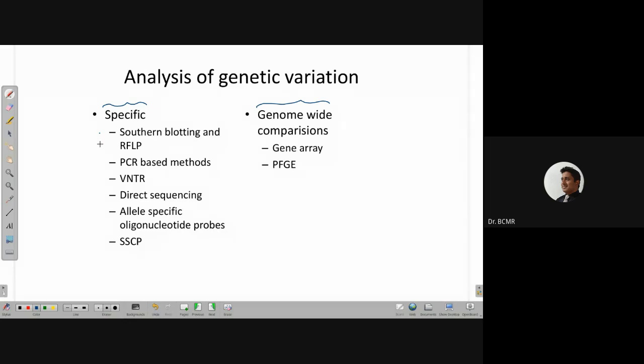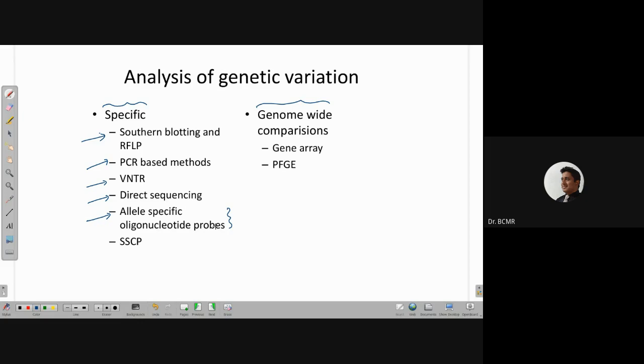Some of the techniques are Southern blotting and RFLP, PCR-based methods, VNTR, direct sequencing, allele-specific oligonucleotide probes. We have discussed this before in genotyping. Genotyping also comes into the analysis of genetic variation, right?